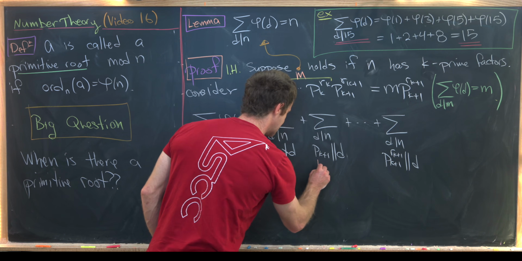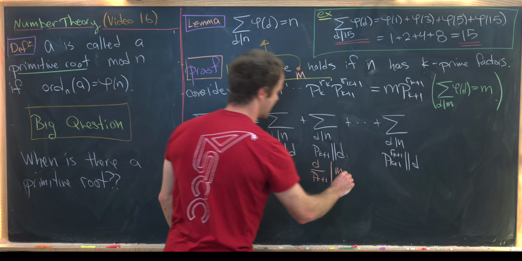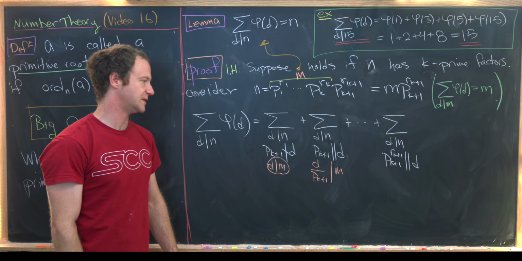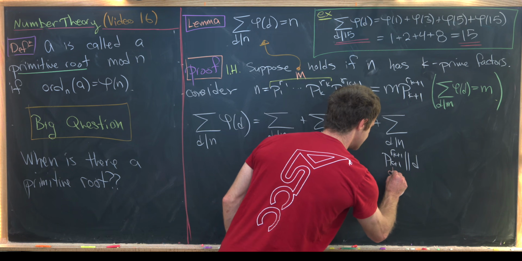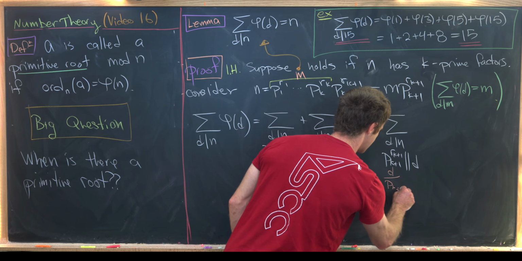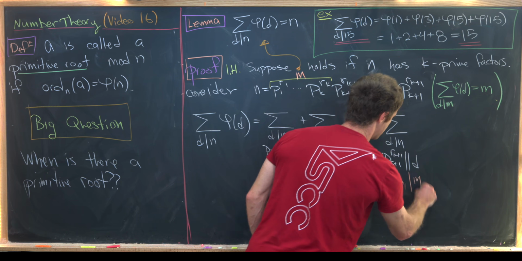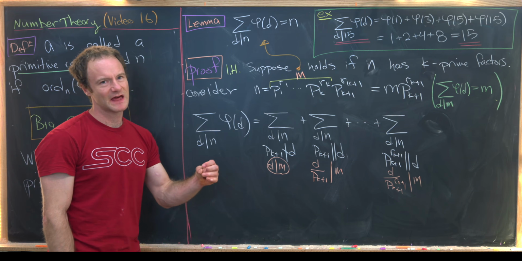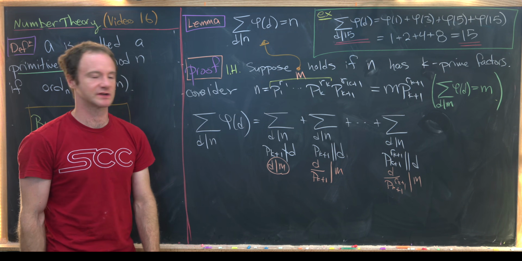This means that d over p sub k plus 1 is a divisor of m. Right? Because if we divide out the factor of p sub k plus 1, we have something that divides m. And way up over here, this means that d divided by p sub k plus 1 to the r sub k plus 1 divides m. So in fact, we're really summing over divisors of m that have just been boosted a little bit by certain powers of p sub k plus 1.